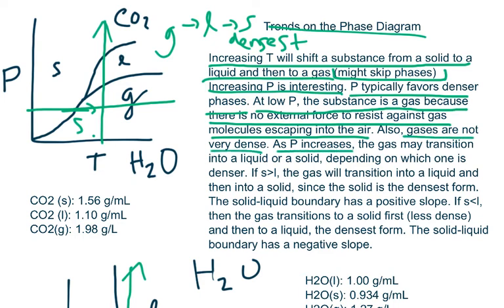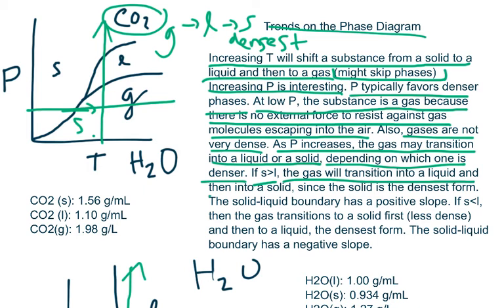Now, as pressure increases, the gas may transition into a liquid or a solid, depending on which one is denser. If the solid is denser than the liquid for a certain substance, such as carbon dioxide, the gas will transition into a liquid and then into a solid, since the solid is the densest form.